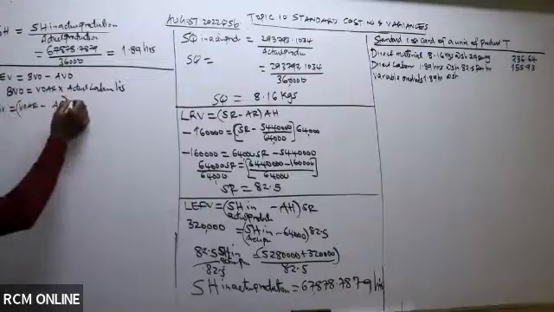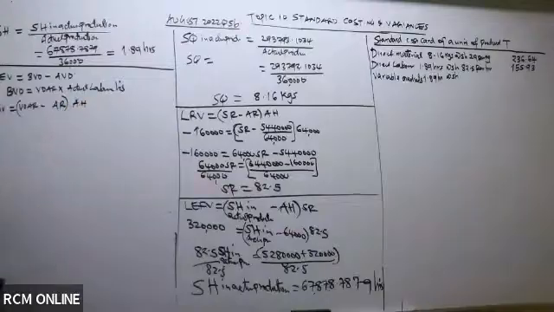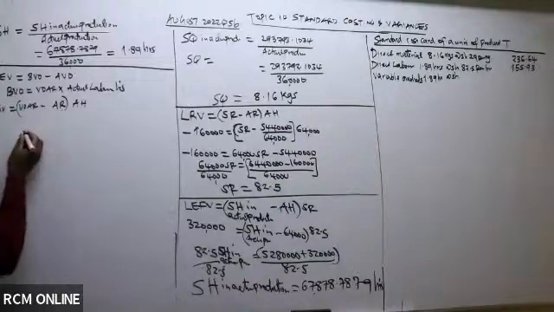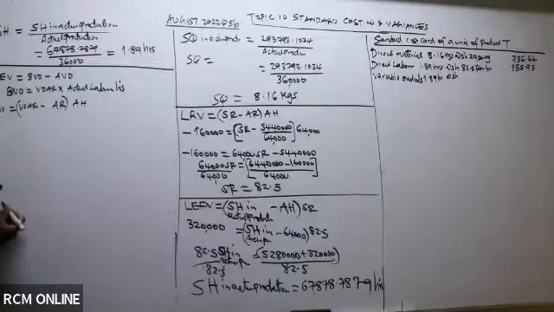Minus the actual rate, then you multiply by what? Actual hours. Great. Variable overhead expenditure variance is the same thing.